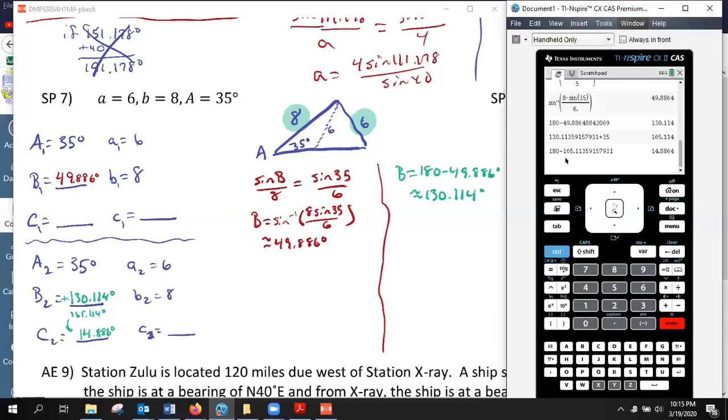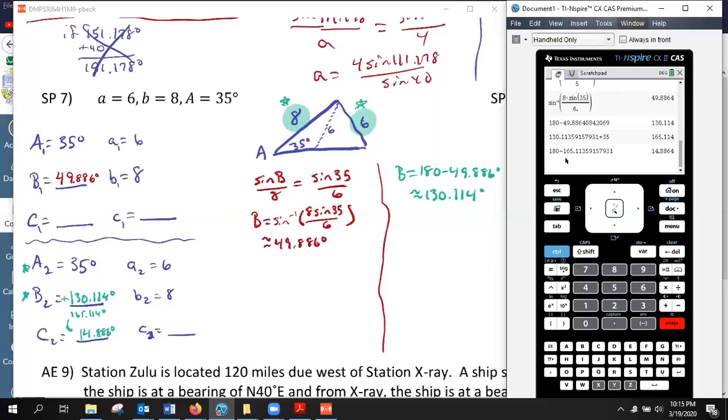The fact that angle A2 and B2 together don't go above 180 degrees tells me I'm definitively going to have a second triangle. Remember, it was prompted by the idea that the adjacent side is larger than the opposite side.